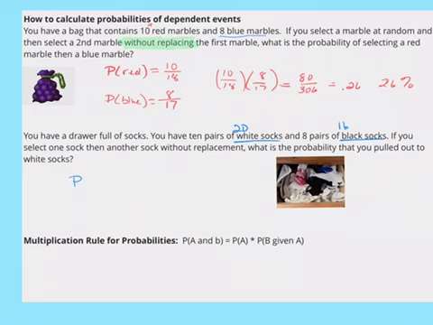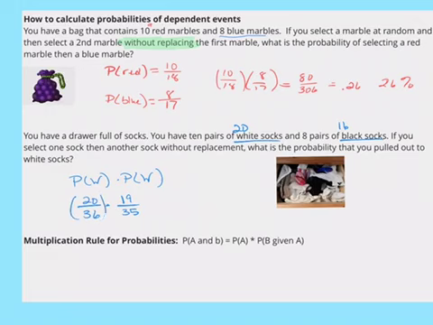So we want the probability of a white, times the probability of a white after we made that pull. The probability of a white is going to be 20 out of 36 options. And then once I pull that white out, I'm missing a white, so I'm only going to have 19 whites to choose from and 35 socks left in the drawer.